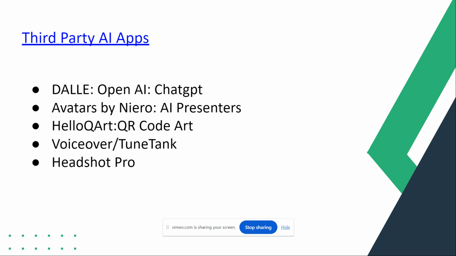I would recommend going in and experimenting and playing with those demos that Canva themselves provide, just so you can get really comfortable with how to write your prompts. The third-party AI apps, these are a few that I think would be most beneficial to business owners in terms of exploration.